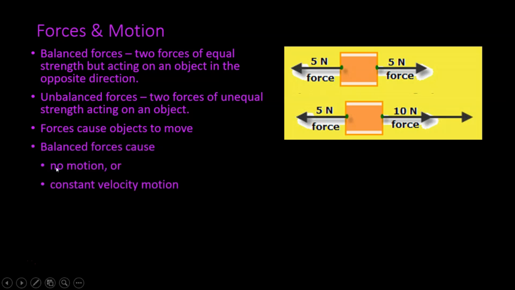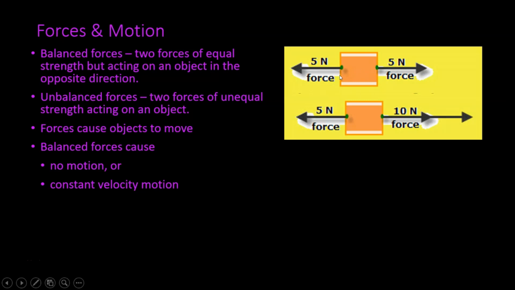Balanced forces cause no motion or constant velocity motion. So if this box were sitting on the floor not moving, and we applied a 5 Newton force to the left and a 5 Newton force to the right, it would be motionless. It was at rest, it'll stay at rest.